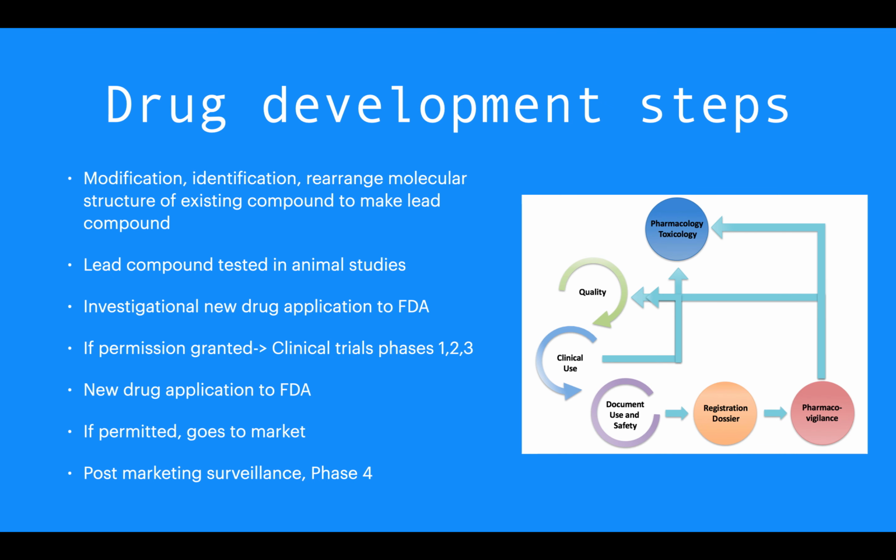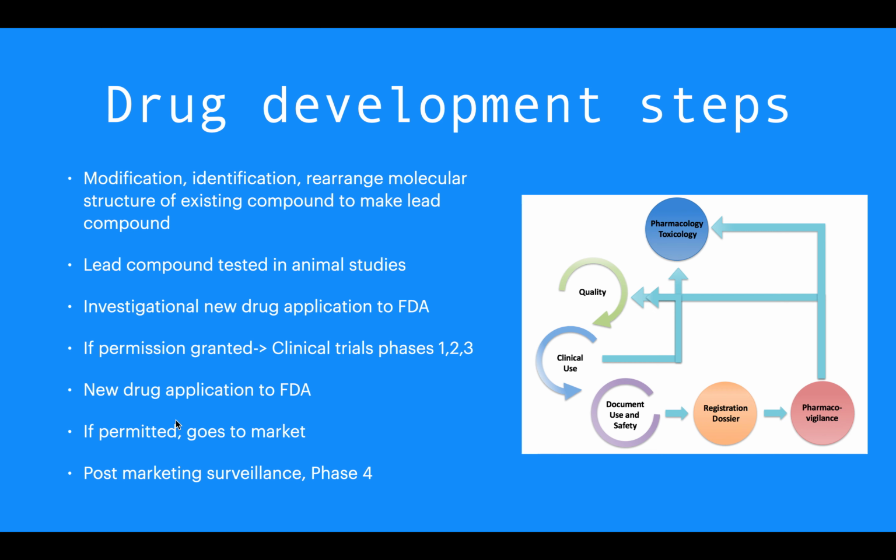So the drug development steps, there's a bunch of them: modification, identification, rearranging of the molecular structure in order to make the lead compound. So the lead compound is the thing that's tested. And then once it's tested, it's submitted as a new drug application to the FDA. If the permission is granted, you go through the clinical trials.